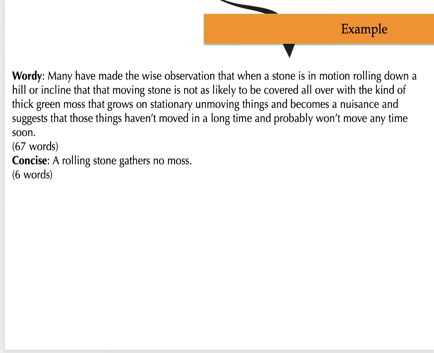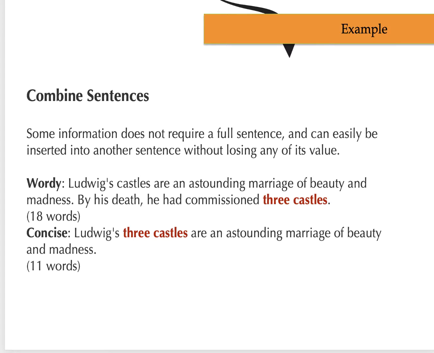So they've just replaced that with rolling stone gathers no moss, which is a saying in the English language. So they're just making an extreme example, and yet a good example to show that sometimes we can over elaborate and maybe use too many words.